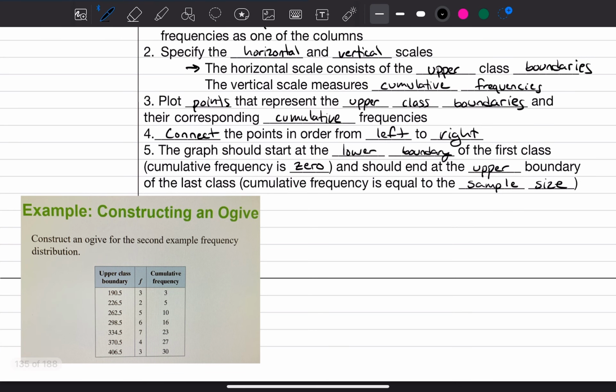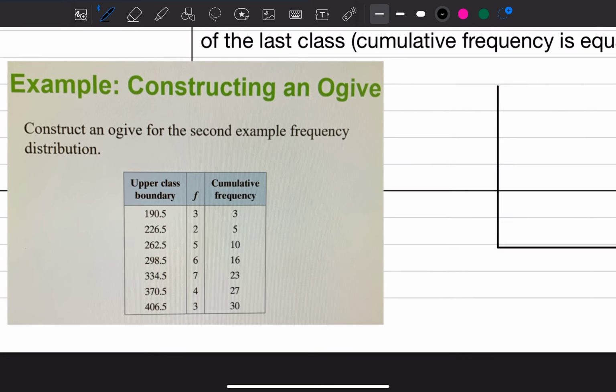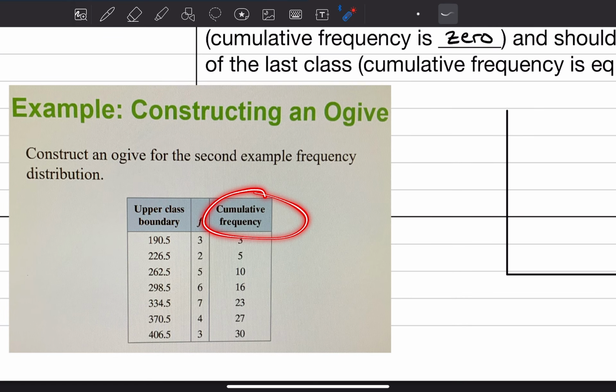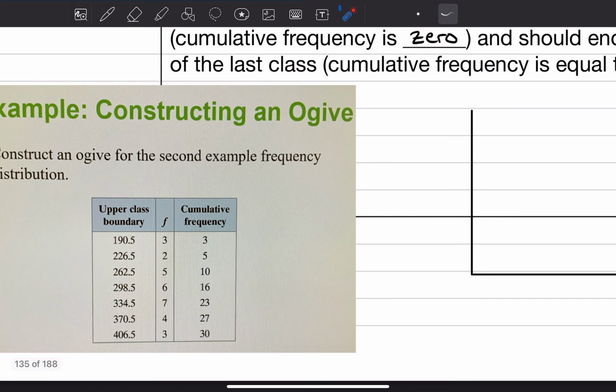All right, let's go ahead and look at this example here. We have our data right there. This is our frequency distribution. We made sure to include cumulative frequency there because we're going to need these numbers. And we made sure that we have our upper class boundaries.